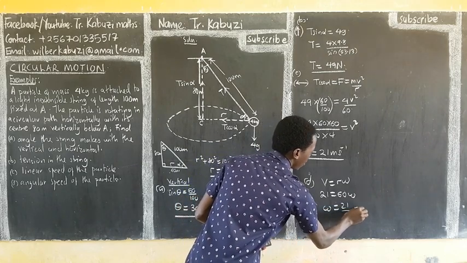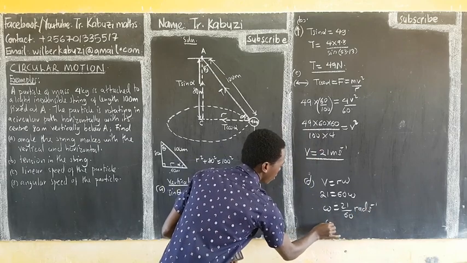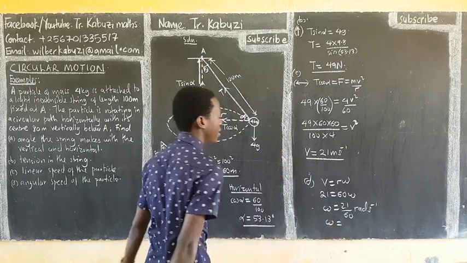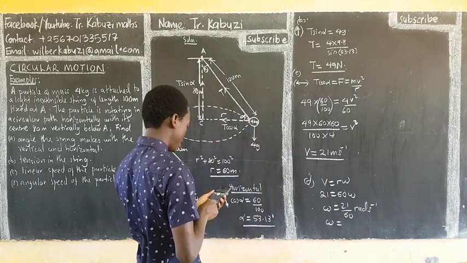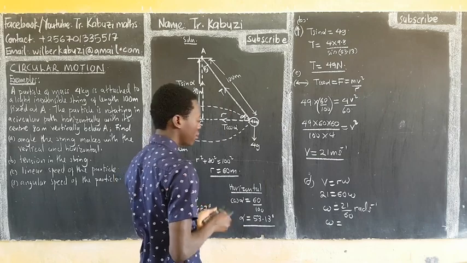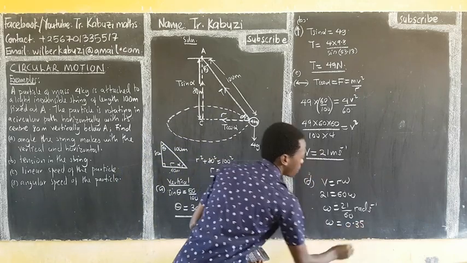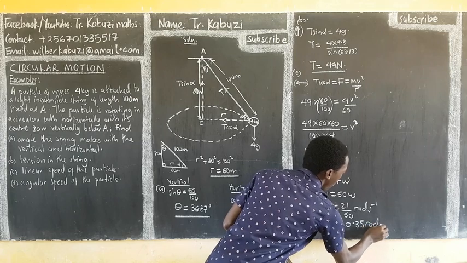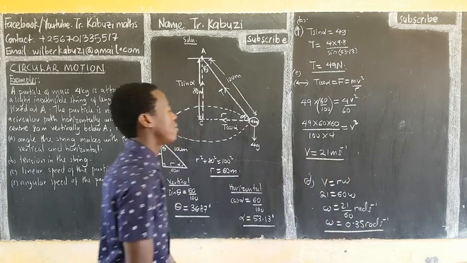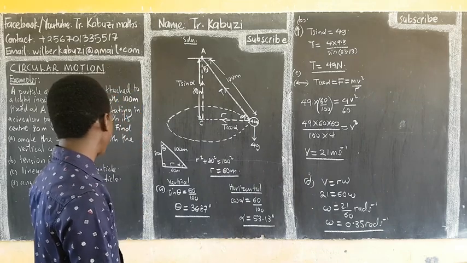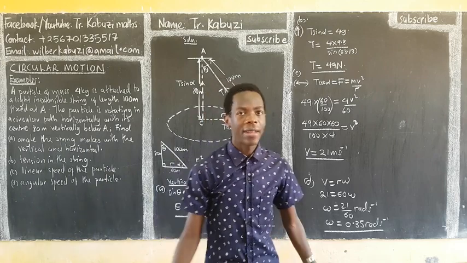This one is measured in rad per second, which gives 0.35 rad per second. And that's going to be our angular velocity or angular speed. So that's how we handle that big number.